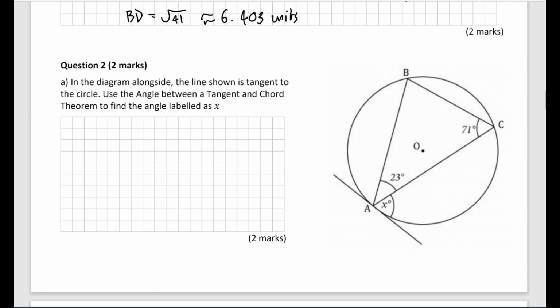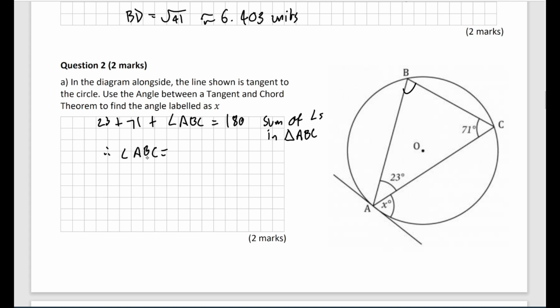All right, in the diagram alongside, you're going to use the angle between a tangent and a chord theorem to find the angle labeled as x. So we're going to find this angle here. 23 plus 71 plus our angle ABC all has to equal 180 by sum of angles in triangle ABC. Therefore, angle ABC equals 180 take 94, which is 86.